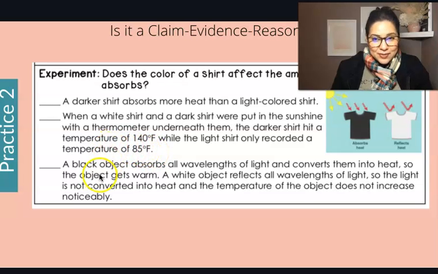And the third statement reads, a black object absorbs all wavelengths of light and converts them into heat, so the object gets warm. A white object reflects all wavelengths of light, so the light is not converted into heat, and the temperature of the object does not increase noticeably.